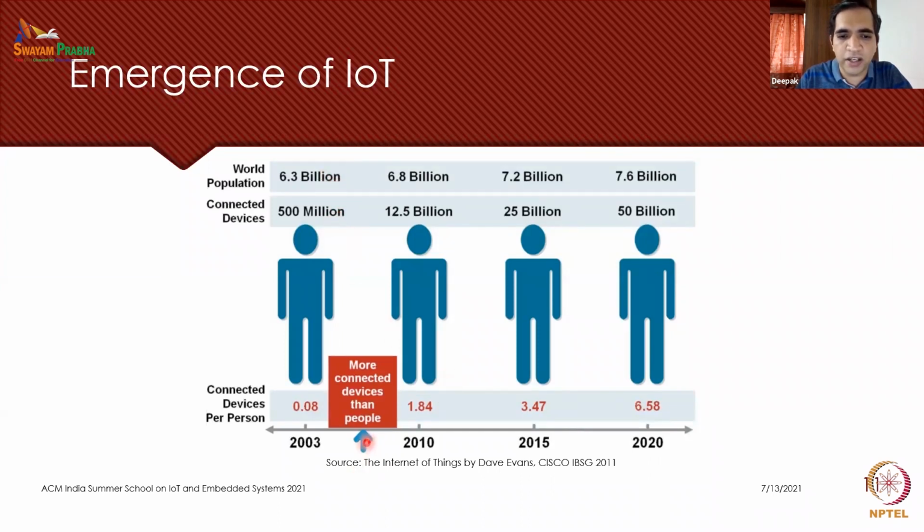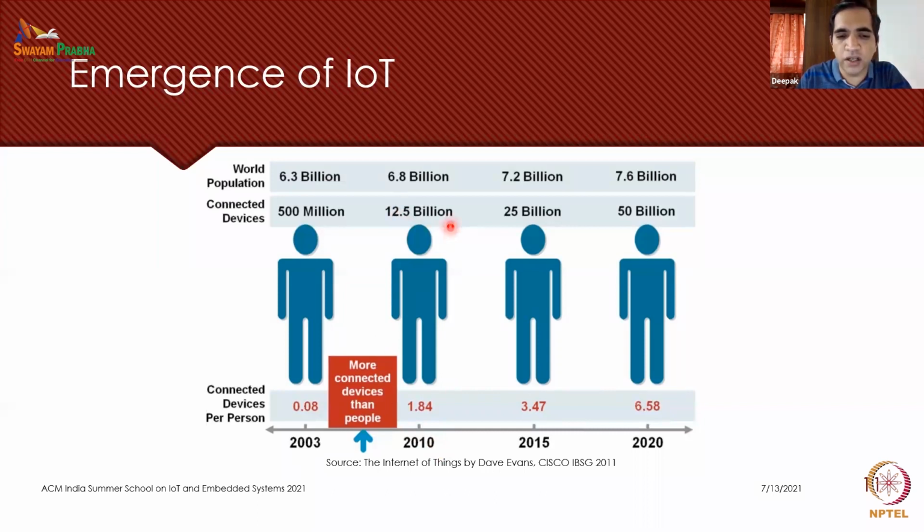Now at some point around 2005, 2006, the scales tipped, and the number of connected devices became more than the number of people in the world. So that's very significant. Coming to 2010, you can see it has almost doubled.